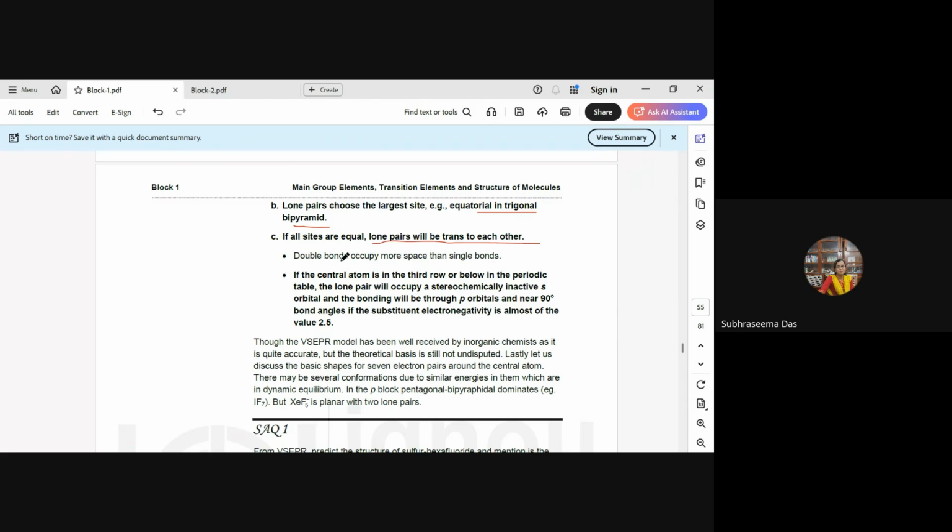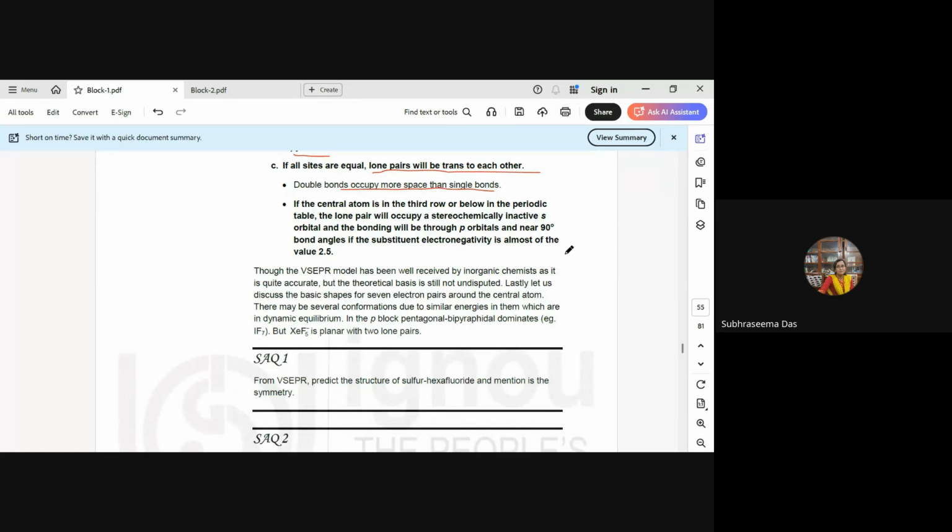The double bonds always occupy more space than single bonds, and if the central atom is in the third period or below in the periodic table, the lone pair will occupy a stereochemically inactive s orbital, and the bonding will be through the p orbitals, with near 90-degree bond angles if the substituent electronegativity is almost of the value of 2.5.